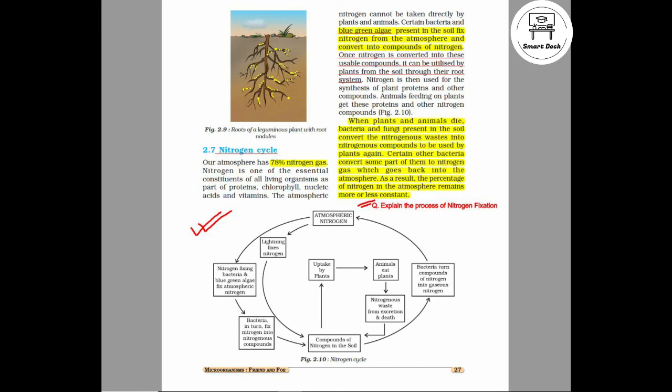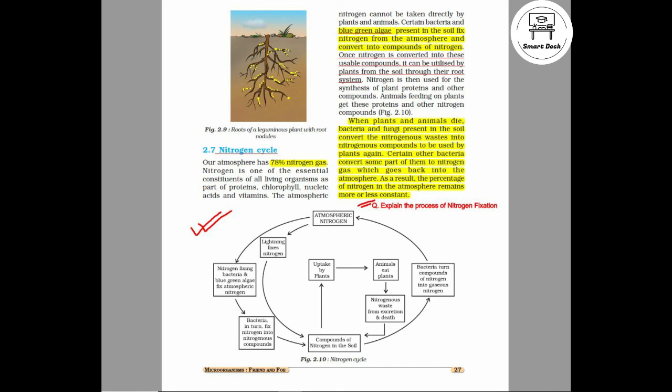Now here is the nitrogen cycle, which shows how the proportion of nitrogen stays constant in the atmosphere. Here also a question might come, such as explain the process of nitrogen fixation, or draw the nitrogen cycle.